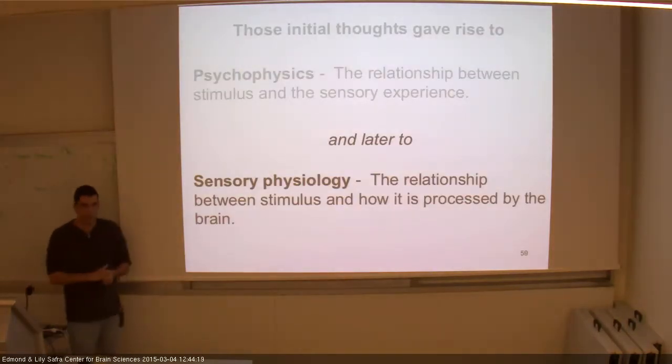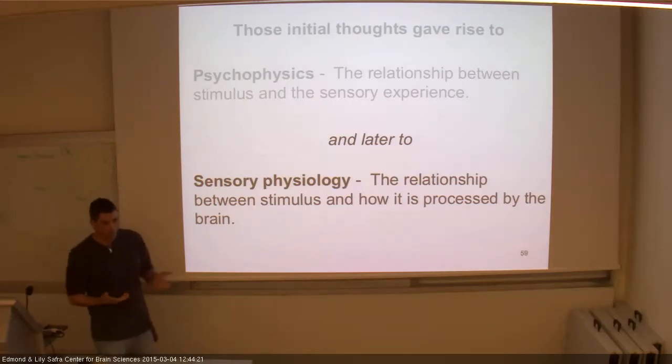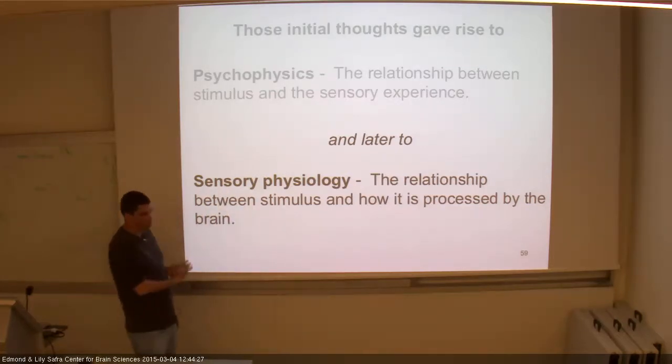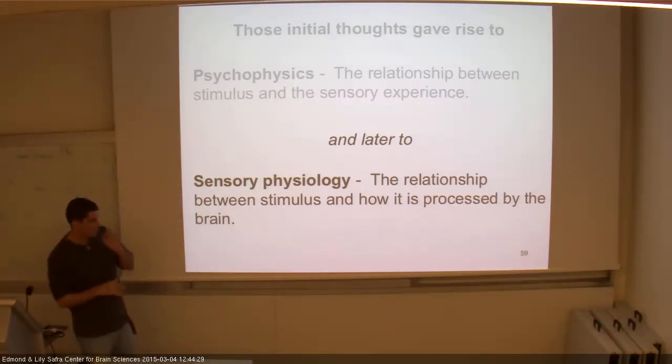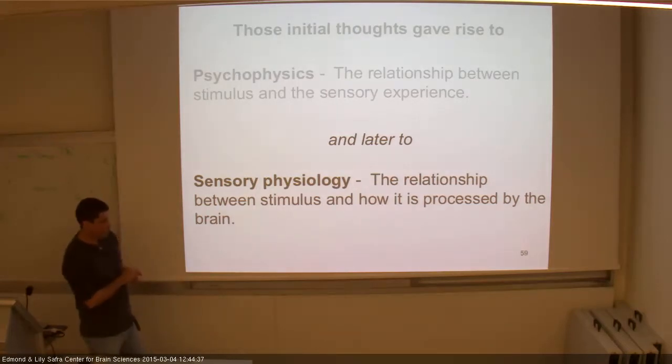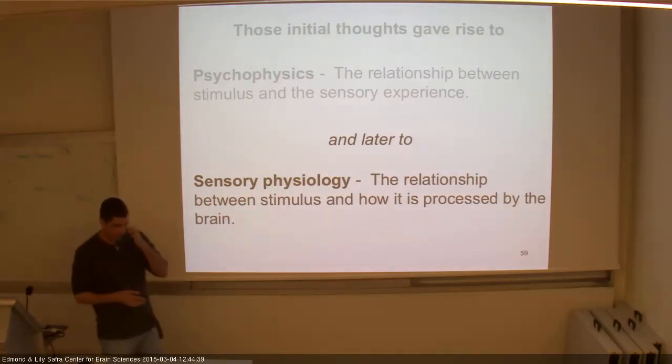Okay, so quantifying perceptions is extremely important. And of course, this works hand in hand with what came actually later in history, which is the sensory physiology part. When I say sensory physiology, I mean the relationship between the stimulus and how it is processed by the neurons of the brain.